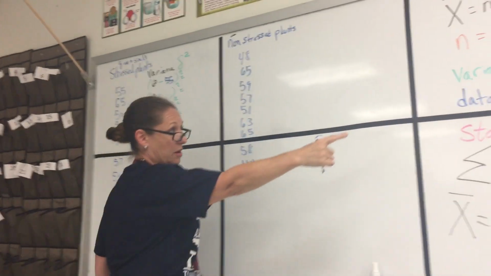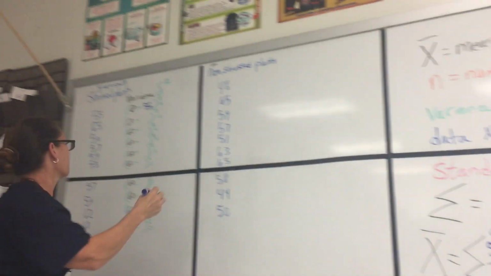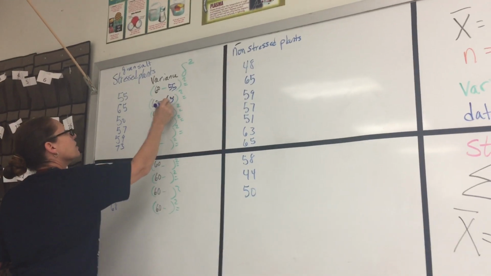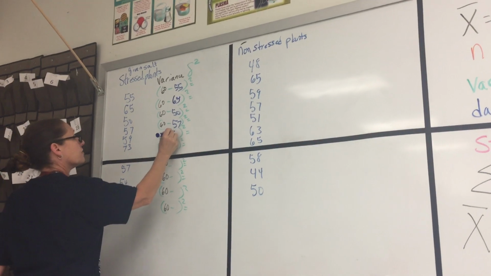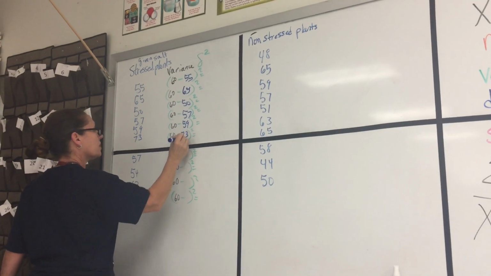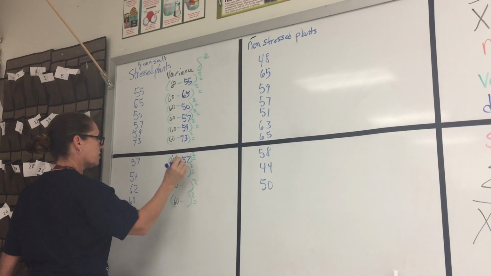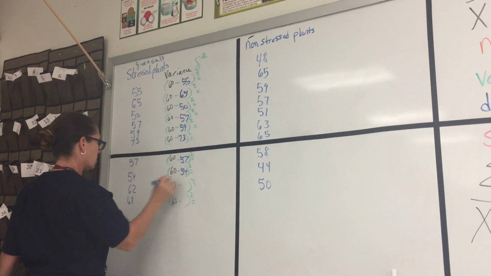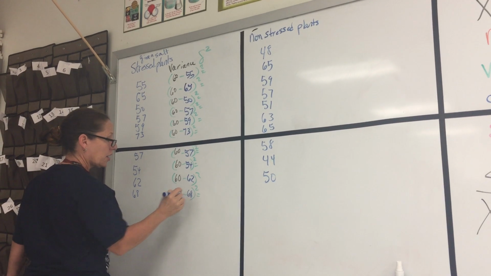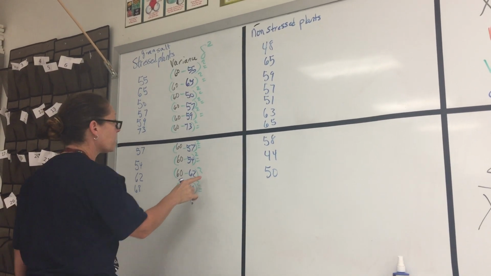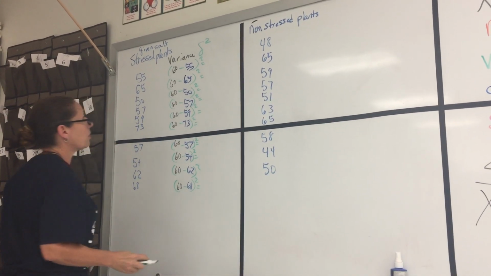That's our xi: 50, 57, 59, 73, 57, 54, 62, and 68. Now we're squaring it so it doesn't matter if you get a negative number.